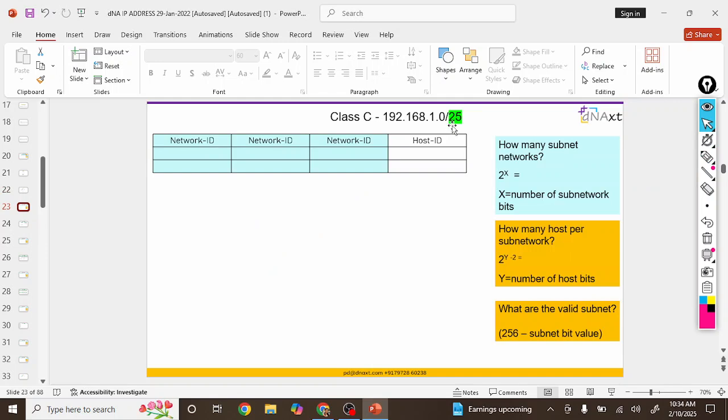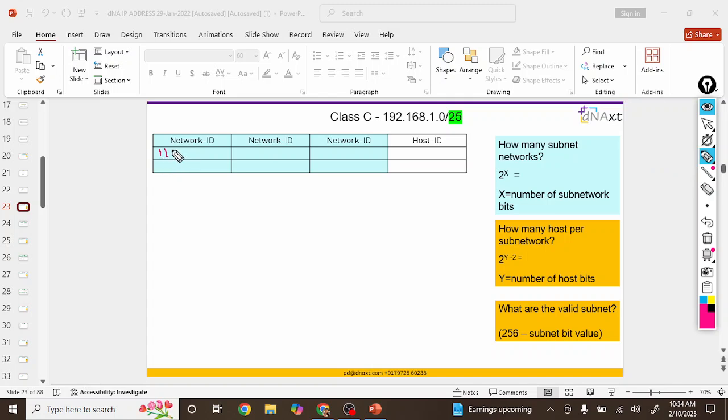First of all, /25. As the range is 192 to 224, we have taken the IP address 192.168.1.0. /25 means how many network bits are there? /25 signifies 25 network bits.